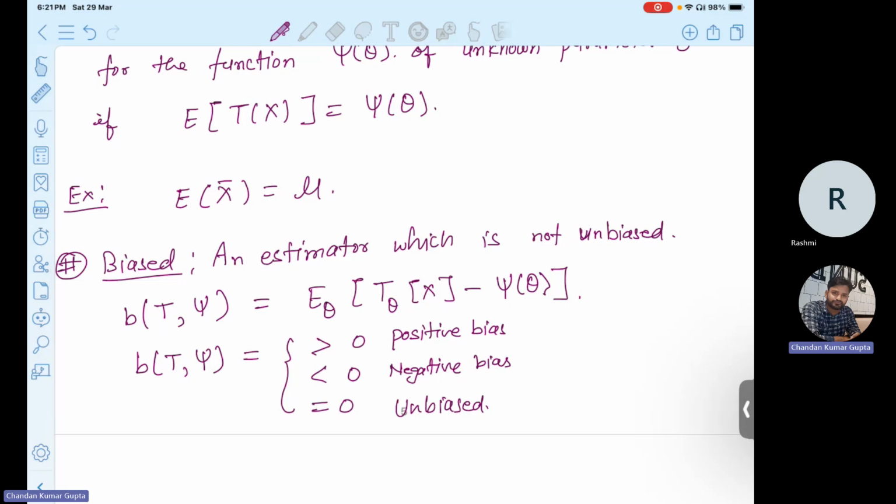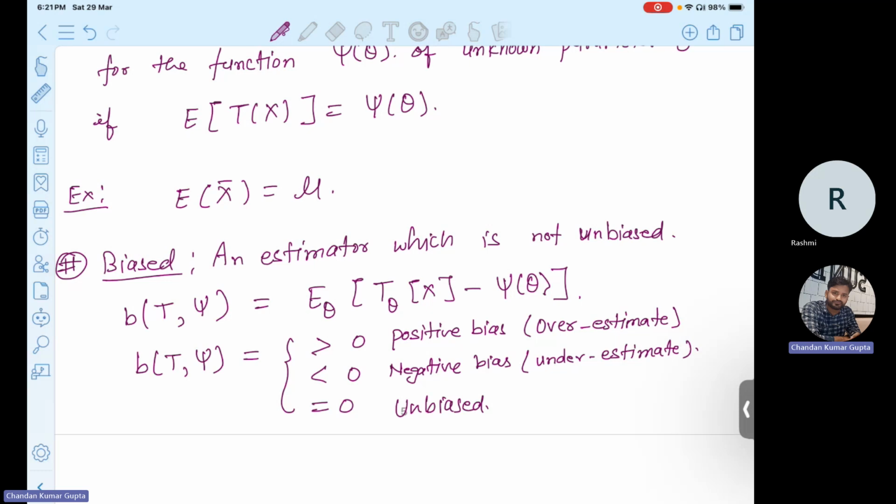So when an estimator has positive bias, then it overestimates the parameter. That means if the actual value is 7, then it estimates a value more than 7. And for negative bias, it underestimates. And for the case of unbiased, there is no such error; it is symmetrical in nature.